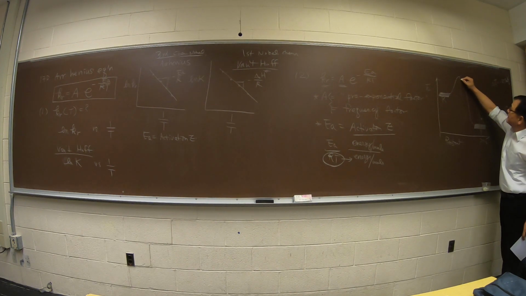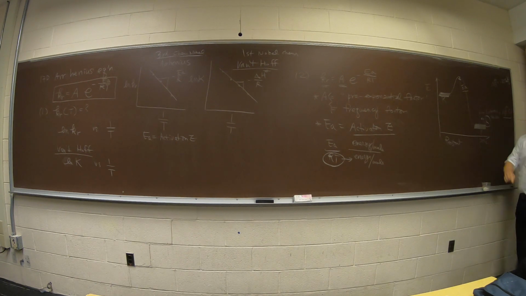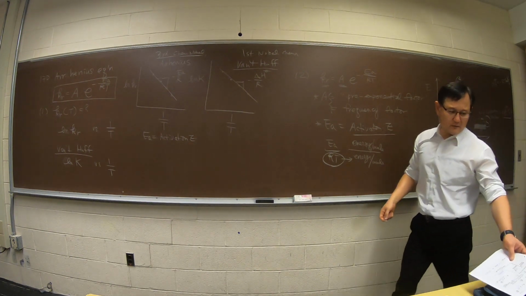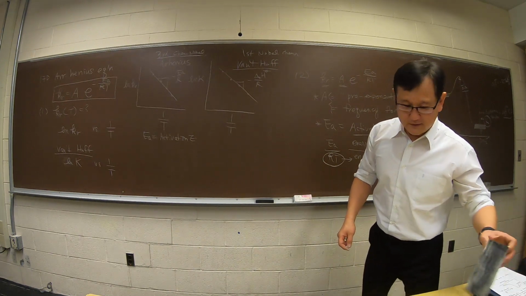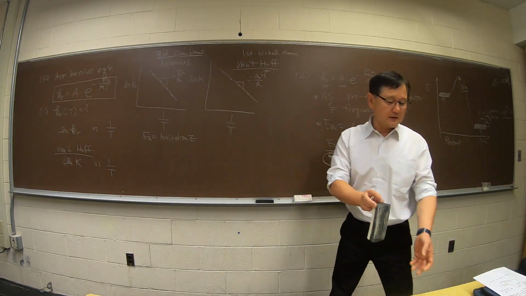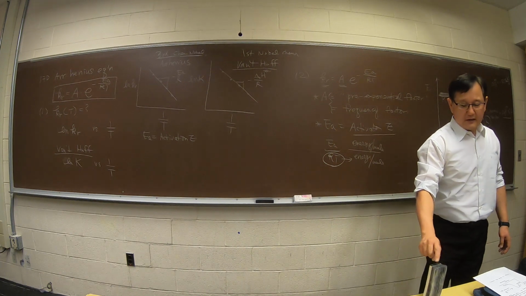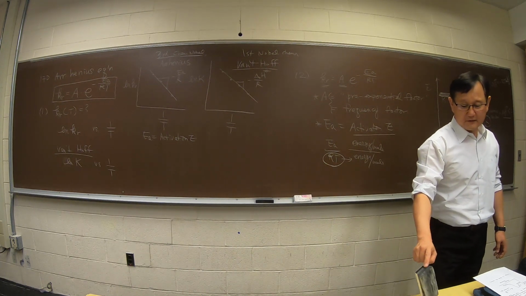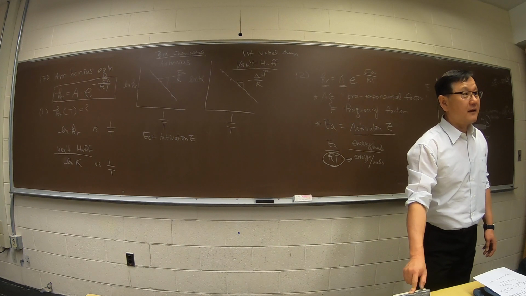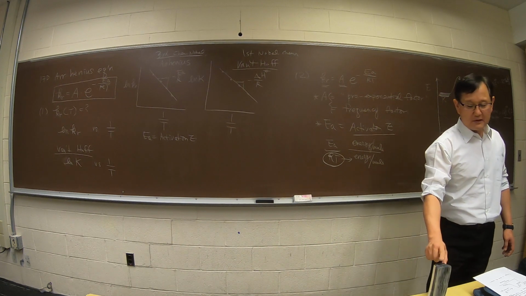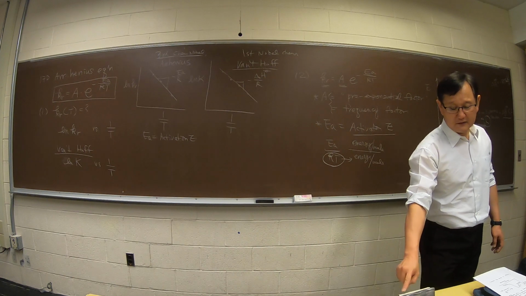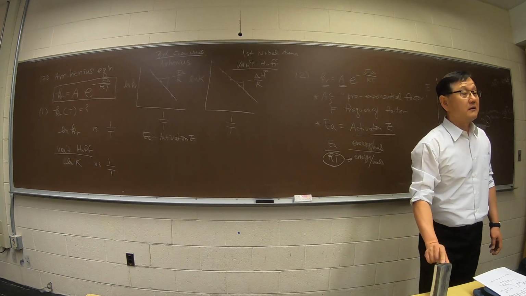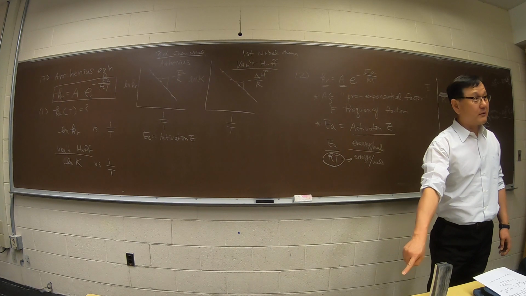Now we are talking about this other factor. This is what is important in kinetics, and this is what we call the activation energy. You have to overcome this barrier to go to the other state. I remember in some textbook you can see this is state A and this is state B, sometimes called the reactant. This state has a lower energy, but if I let it go, does it go to the lower energy right away?